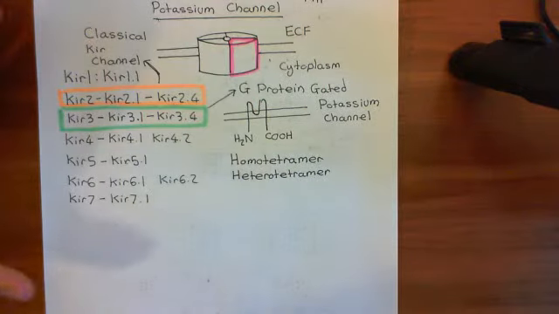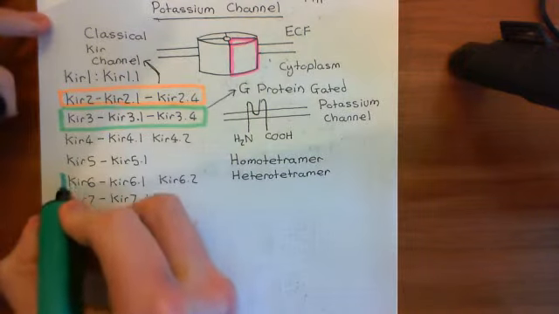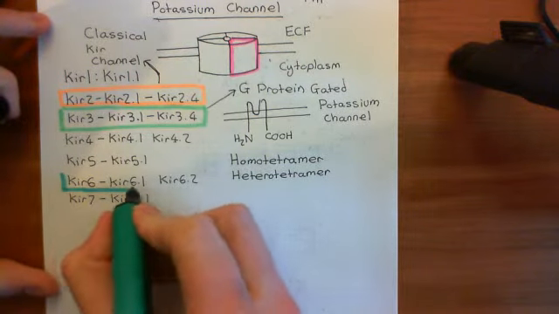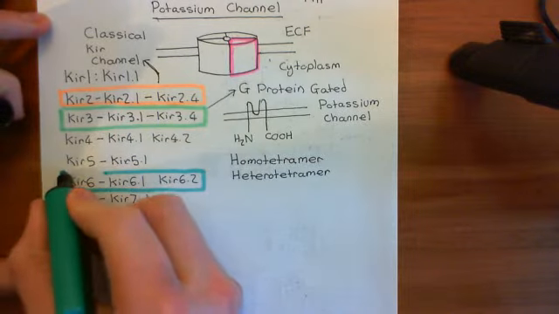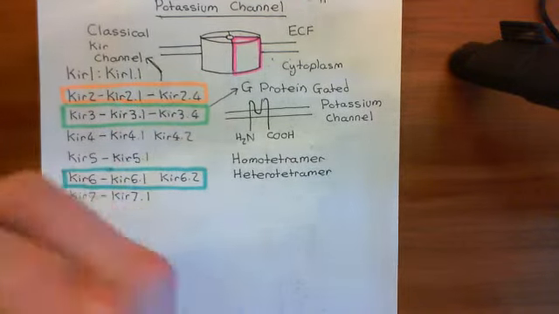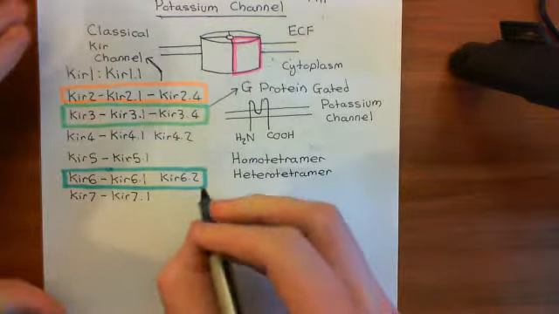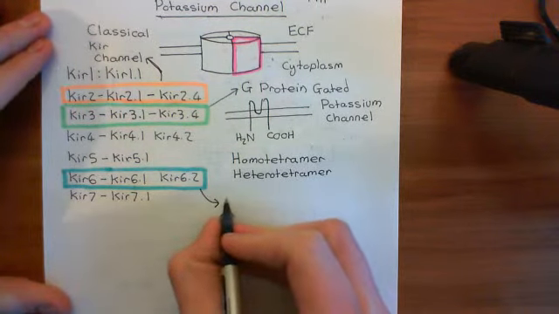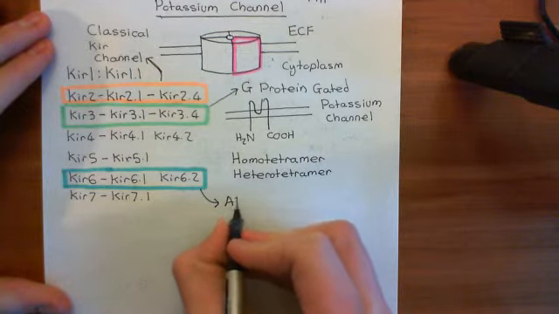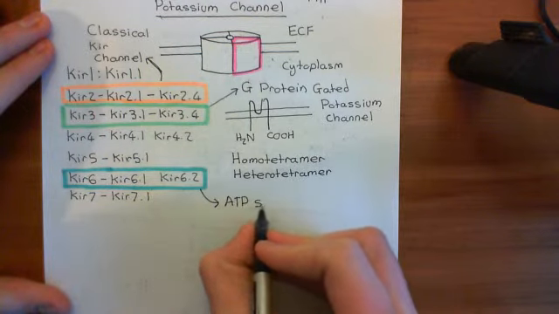If you produce an inwardly rectifying potassium channel which is built out of subunits from the KIR6 family, then again this is a very important family, not for this video, but a very important family in pharmacology. These are what are known as the ATP-sensitive potassium channels.